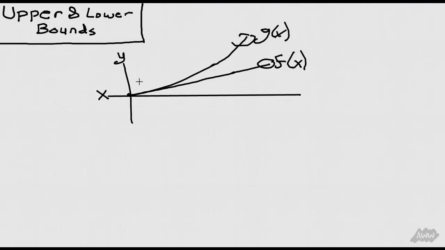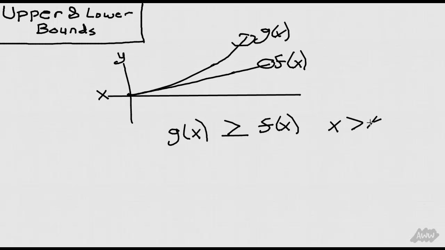Now that's a basic graphical definition, and it works for most of the conceptual points, but the formal definition of it is that g of x is an upper bound of f of x if g of x is larger than or equal to f of x for all values of x greater than some constant k.